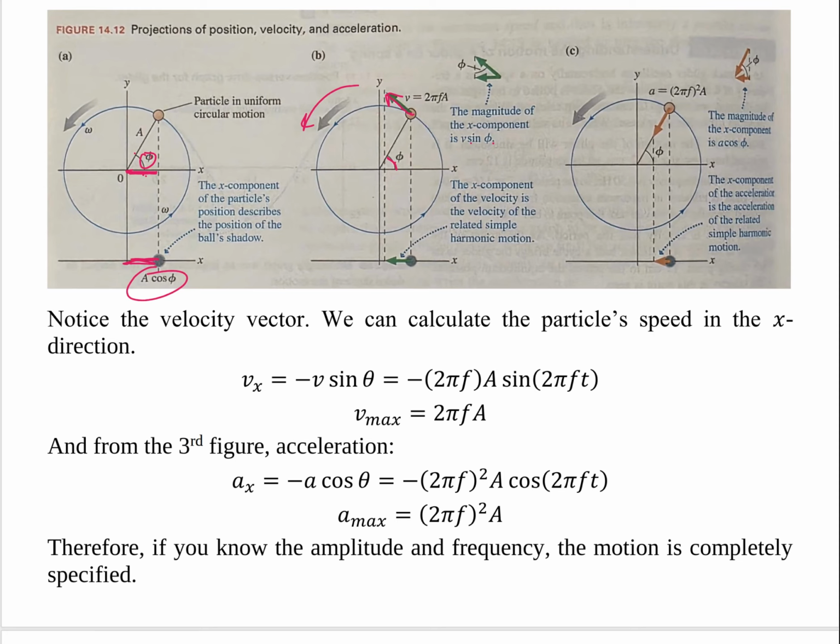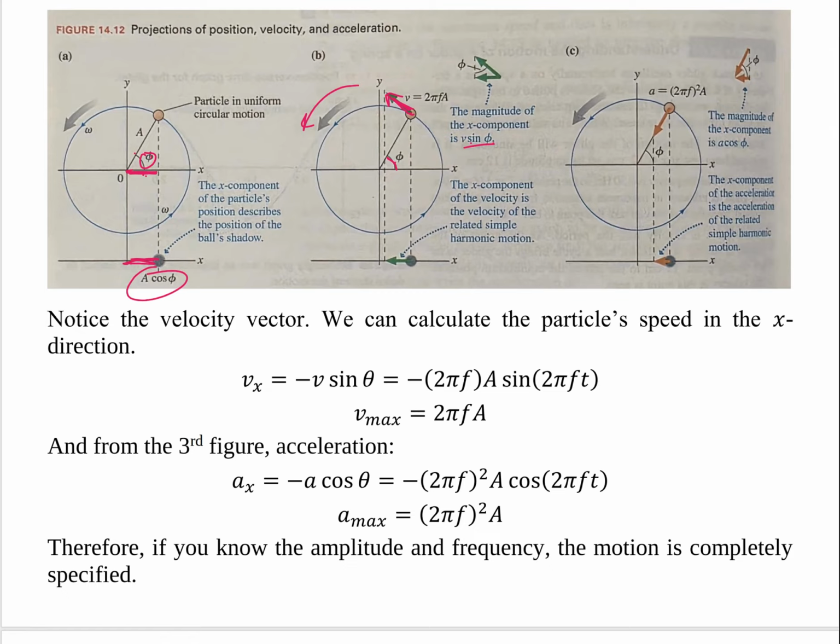So v is here. Sine theta, how come it's sine theta? Because we have to do opposite and hypotenuse. Well, sine theta is opposite over hypotenuse, but how come we're using opposite over hypotenuse? Is it just because we're looking for that opposite side?